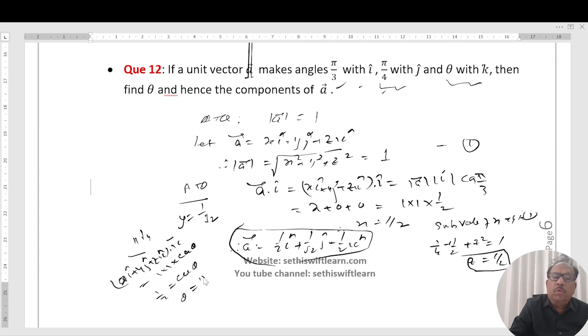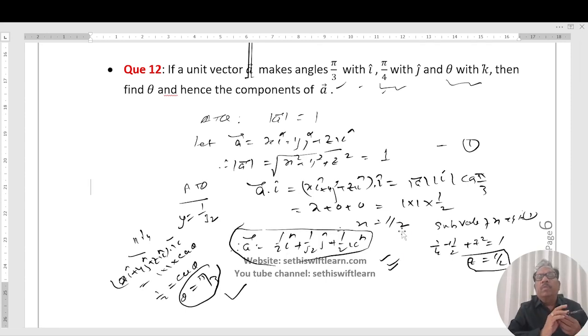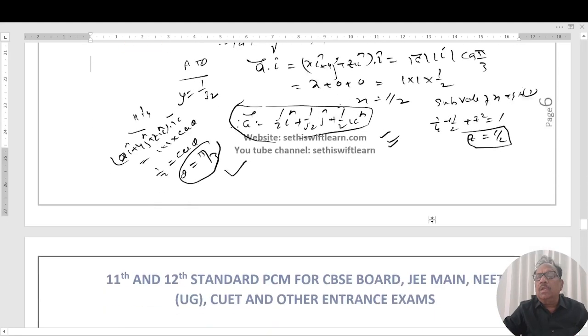Theta comes out to be pi by 3. One is this answer, one is this answer. We have to find theta. Theta is pi by 3 and the component vector is half i plus 1 by root 2 j plus 1 by 2 k. Right? Now, let's start the next question.